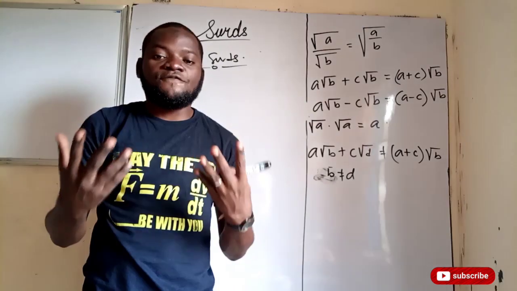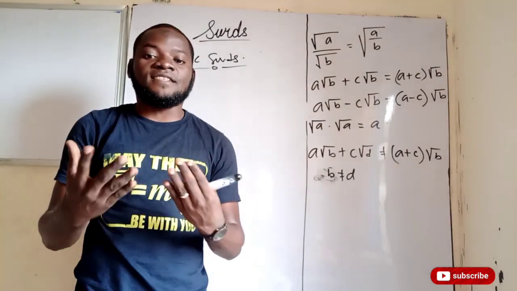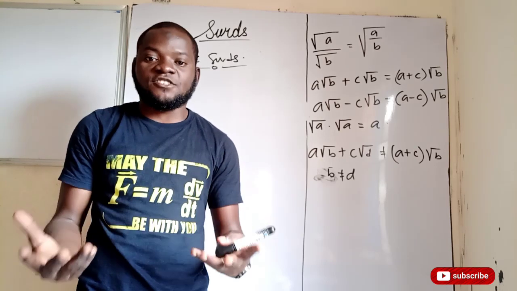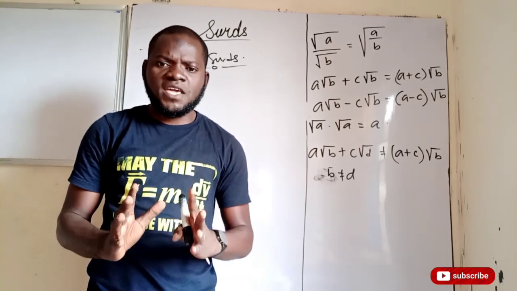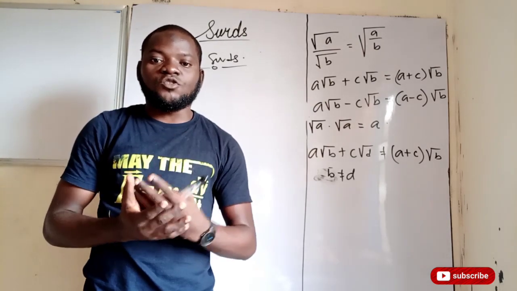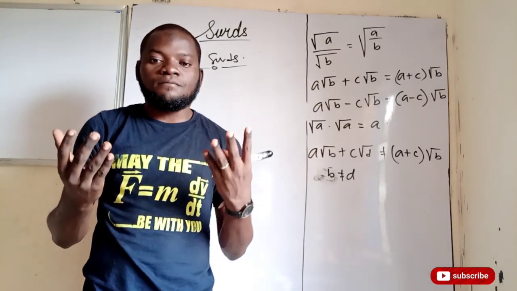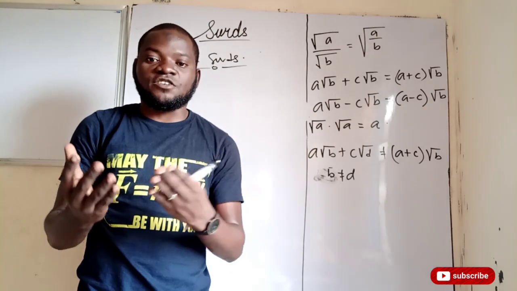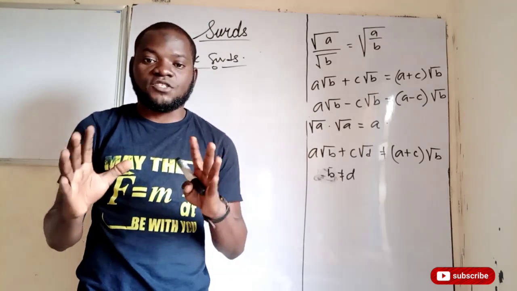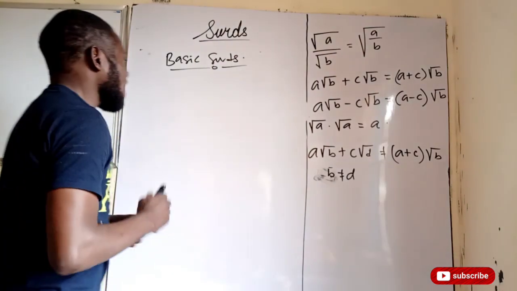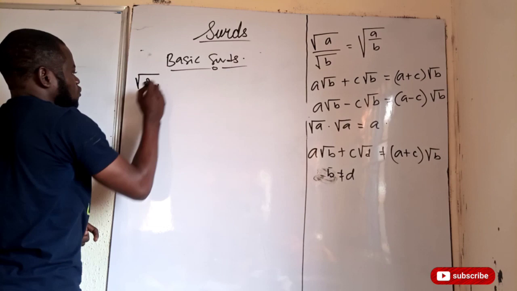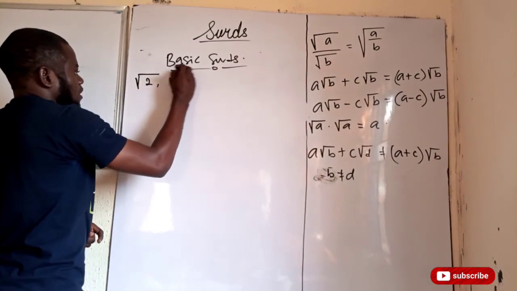That is, if you express the number under the root as a product, none of its factors can have a perfect square. Do we get what I'm saying? When you express the number under the root, none of the numbers that you express as its product can have a perfect square.